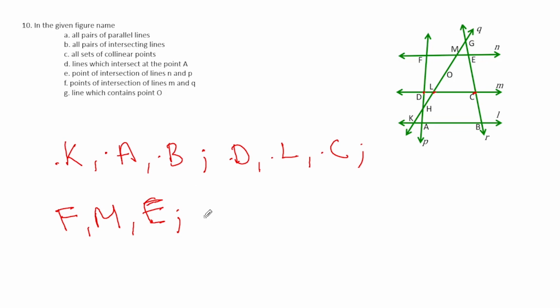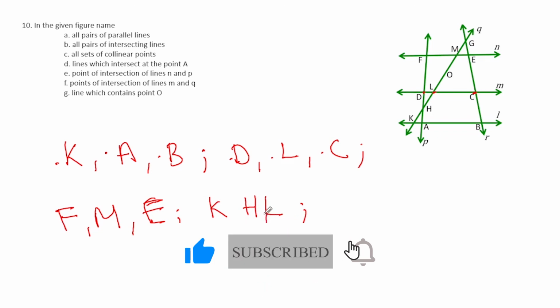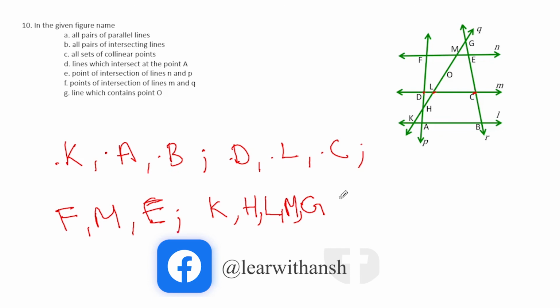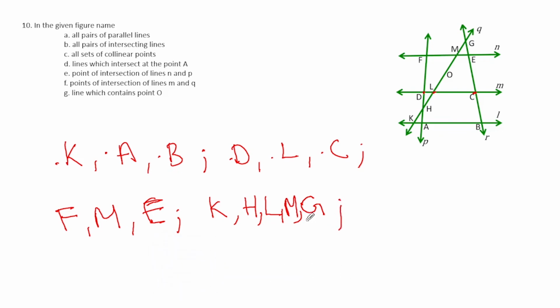Then we can write K, H and L. And it also has M, and it also has G with it. So KHLMG.